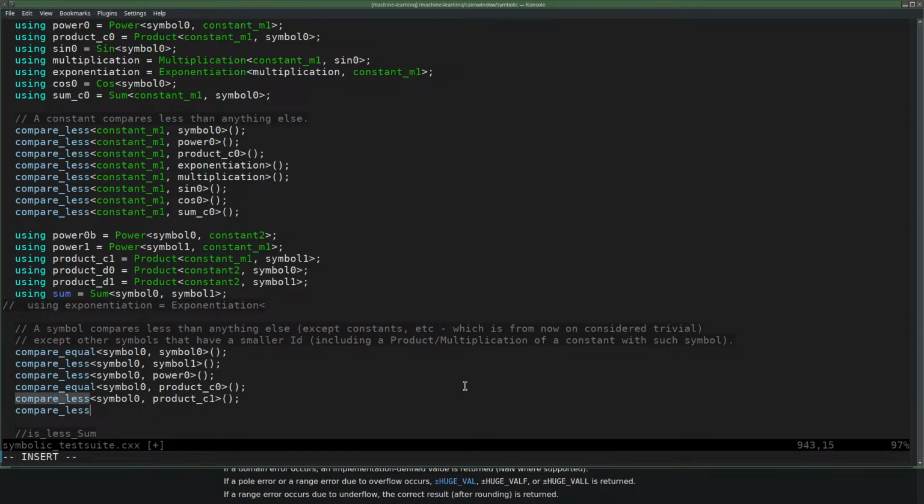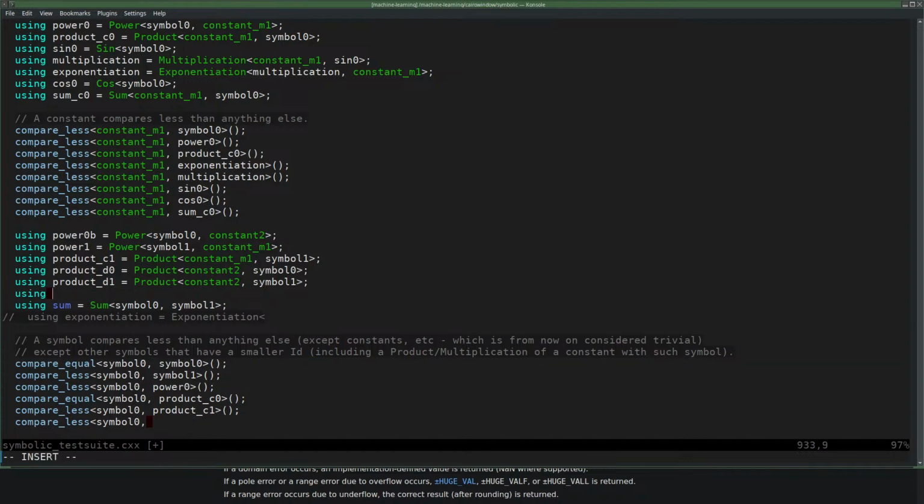But it compares less than a product that does not start with a constant. I don't even have that. So something that is not a constant. 0, 1.